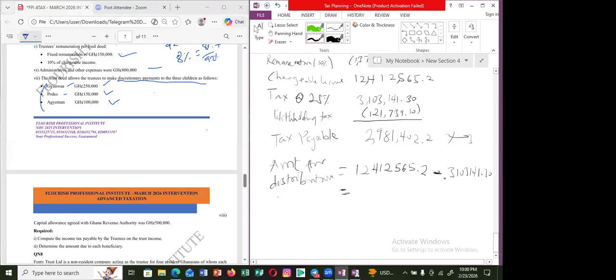This is the total tax payable. So you less it from this, right? And then what are we getting?